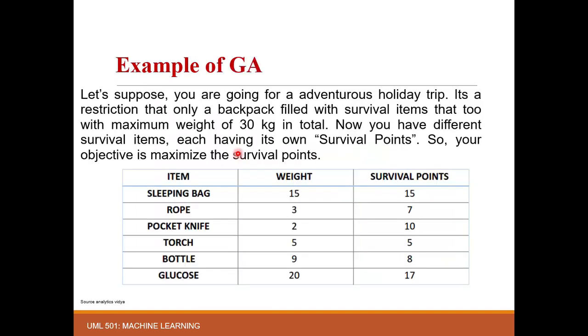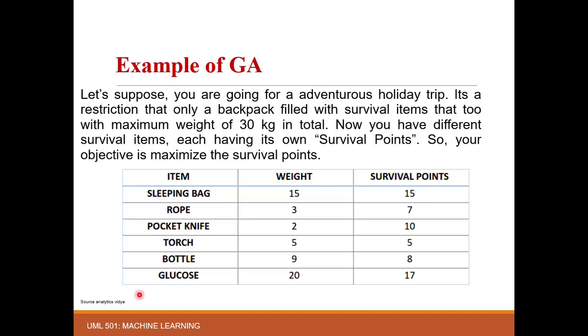Let's suppose 1 0 0 1 0 0 means that I have taken this item and I have not taken this item. If the gene in the chromosome is 1, then you have taken the pocket knife. If it is 0, then you have not taken the pocket knife.